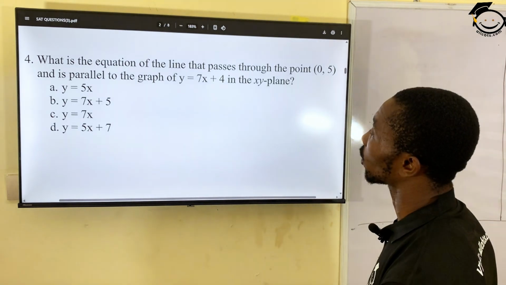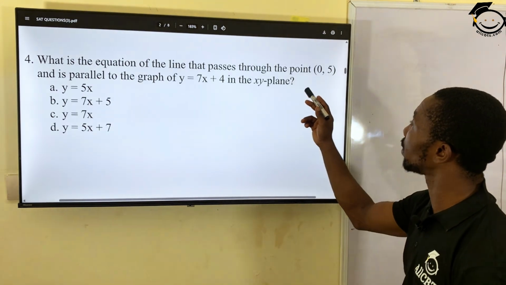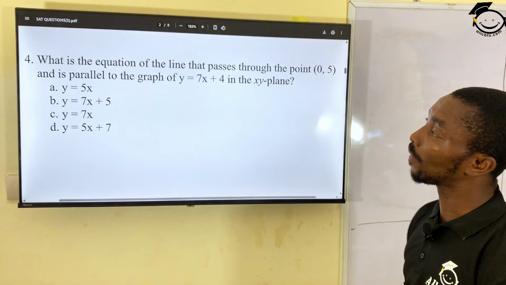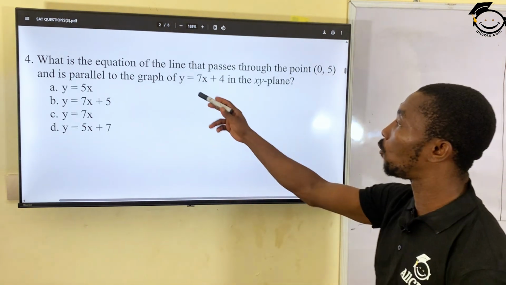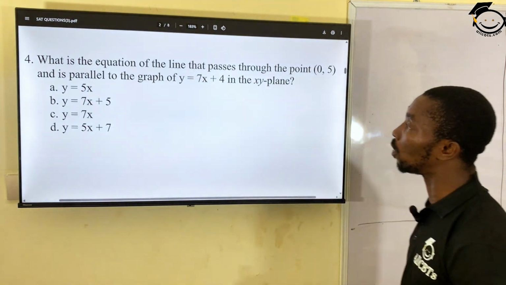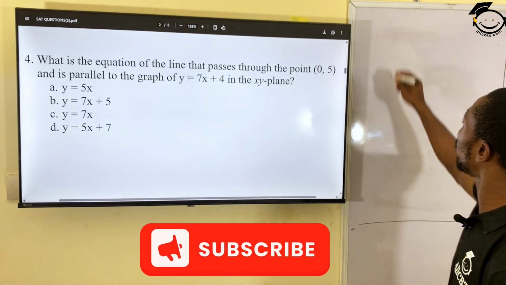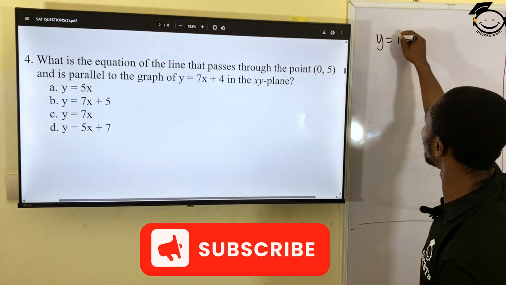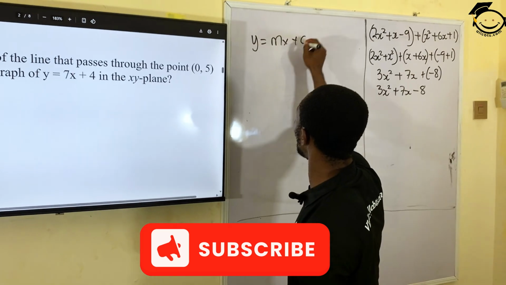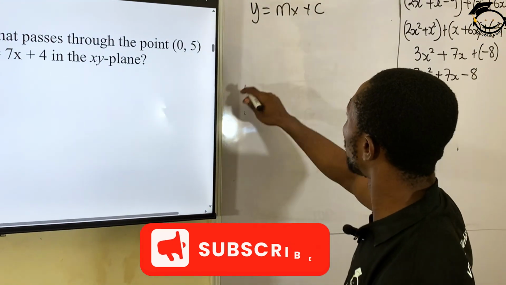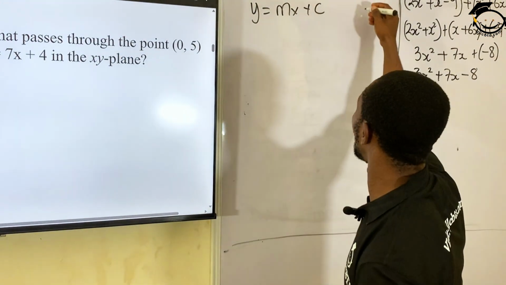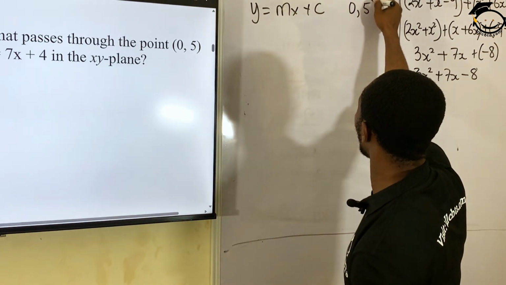What is the equation of the line that passes through the points 0 and 5 and is parallel to the graph of y equals 7x plus 4 in the xy plane? Now we know our line equation is y equals mx plus c, where m is your gradient, and from the question the passing point is 0 and 5.